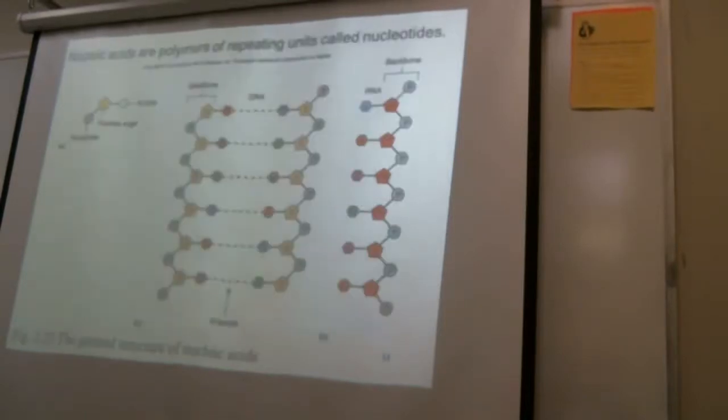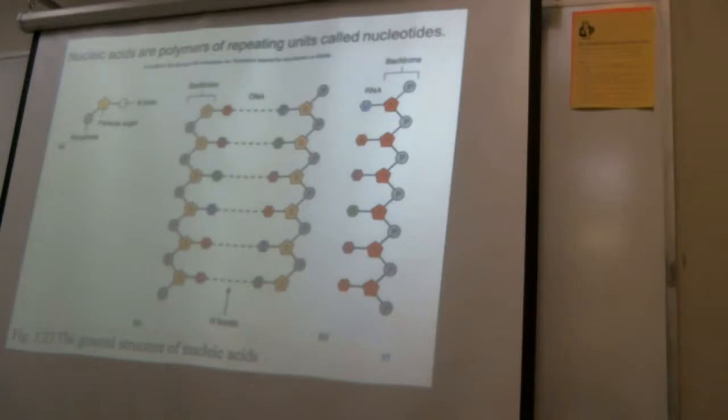Now, you guys remember some of the other differences between RNA and DNA. Remember DNA has thymine. That's how I remember it: GTA, and then the U changes on the AUGC.